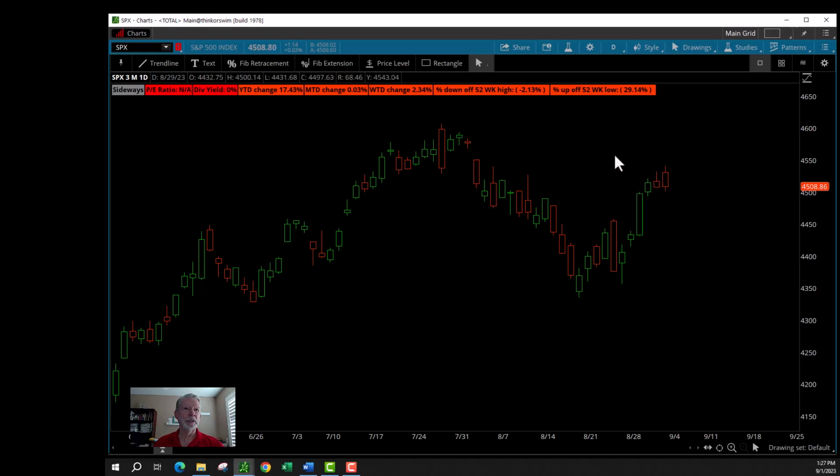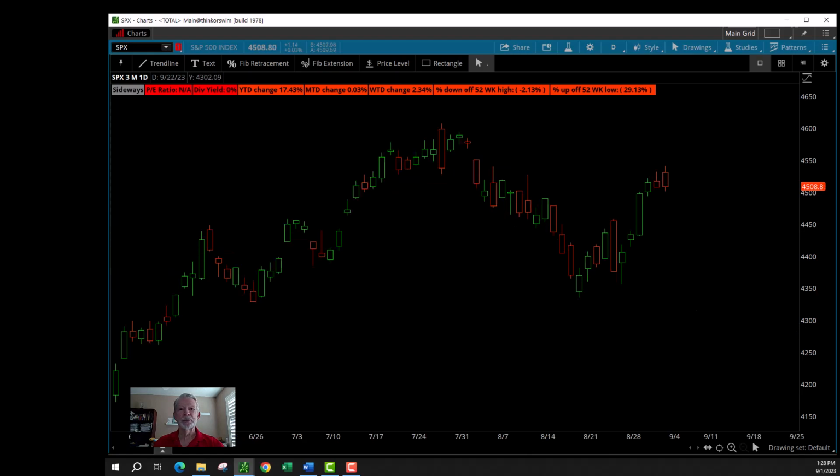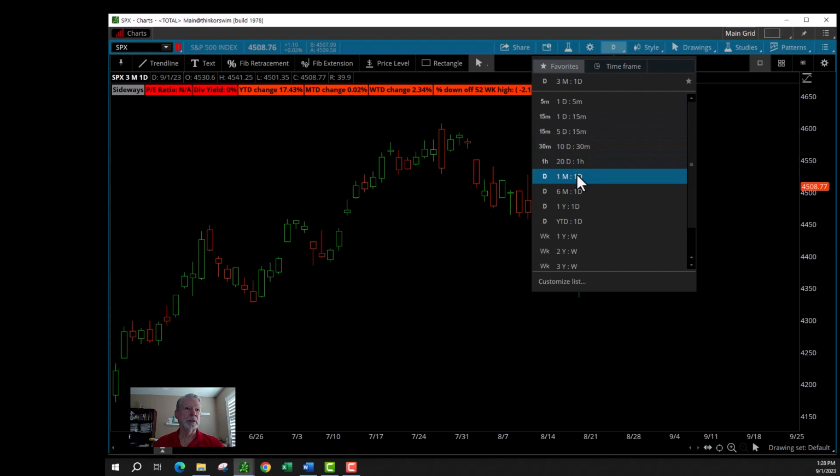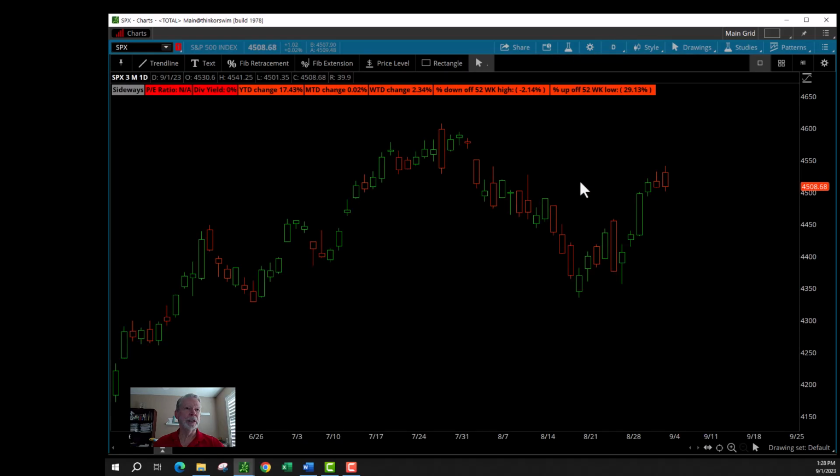If it's red, it opened up here and closed at the bottom. In all cases, we're going to be using probably the day: 1 month, 1 day, 3 months, 1 day. These are all 1 day time frames.